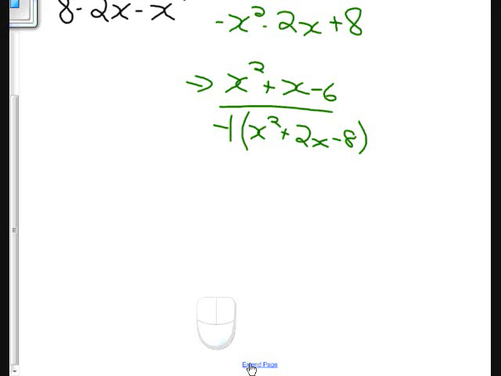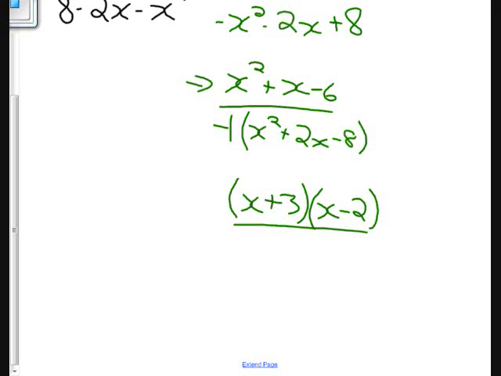What do we get when we factor the top? Looking for numbers that multiply to negative 6 and add to positive 1. And for our bottom, negative 1.